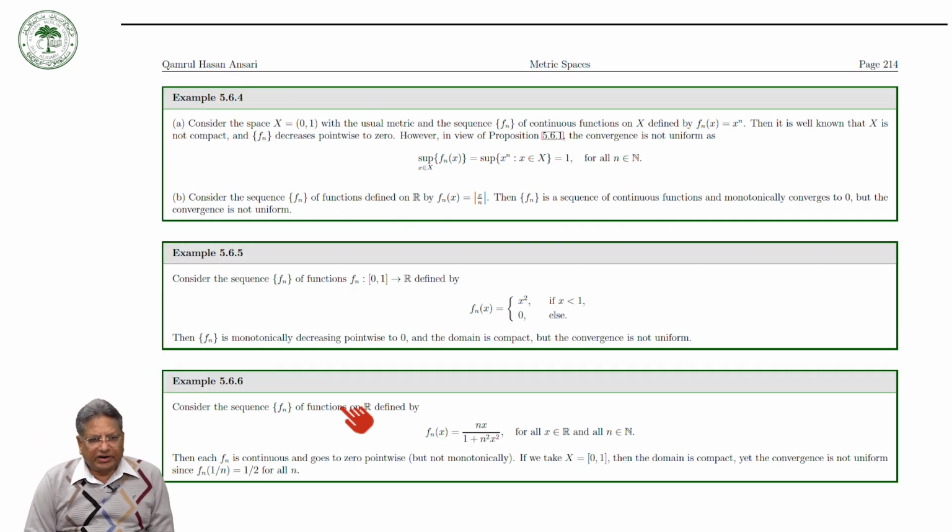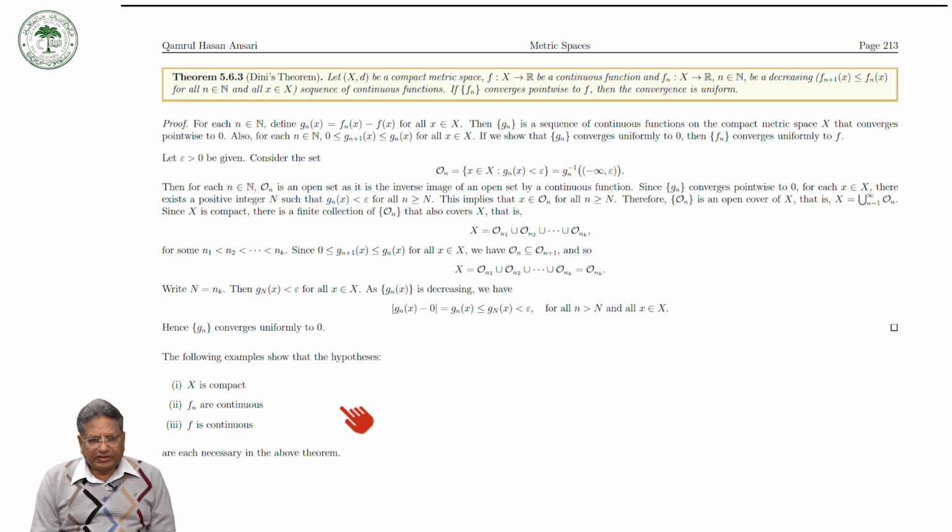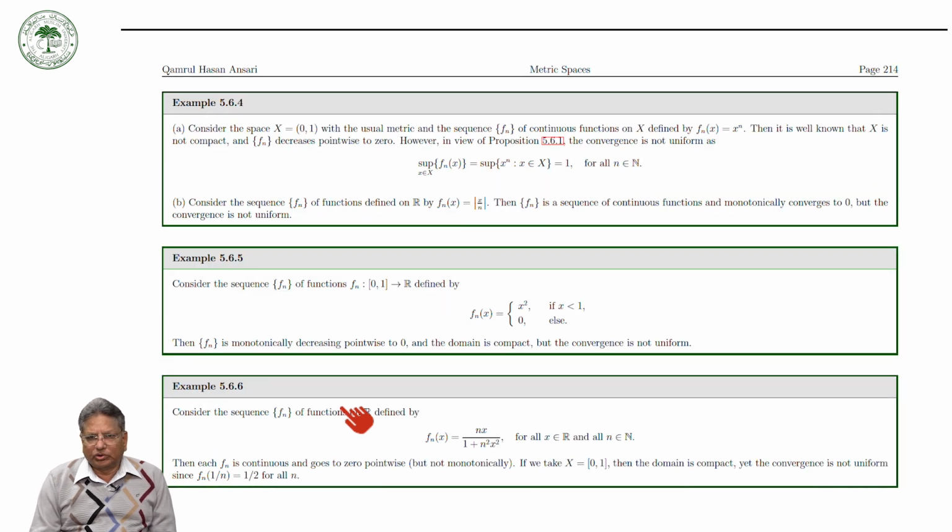So first example, let us consider a metric space X which is equal to the open interval (0, 1) with the usual metric. So what we have taken, see here, is that X is not compact. And Fn is a sequence of continuous functions on X defined as Fn(x) is equal to x raised to the power n. So this is a continuous function.